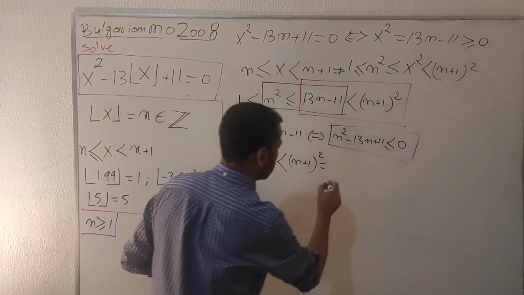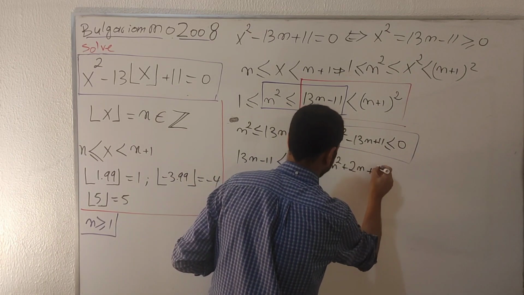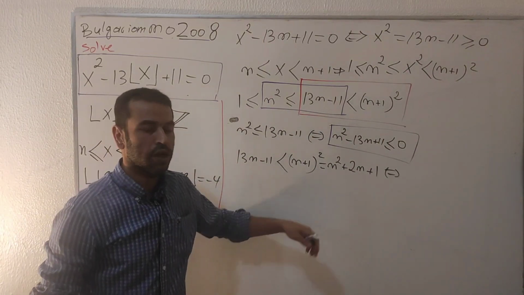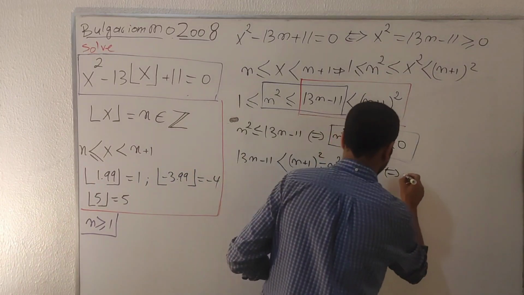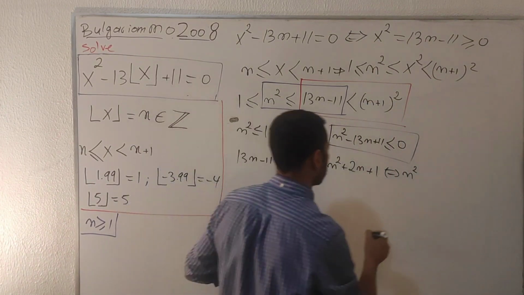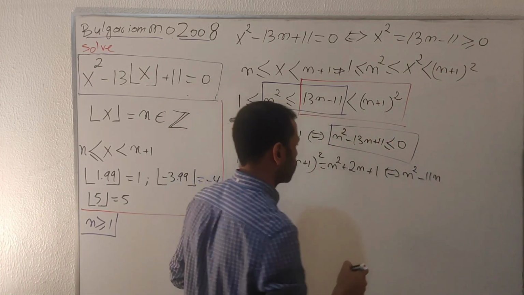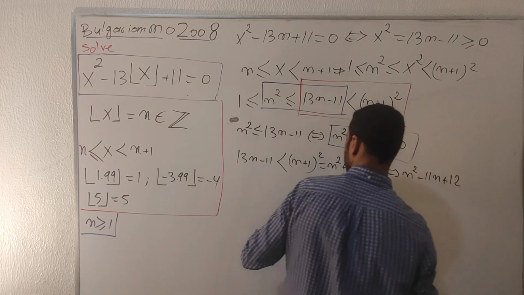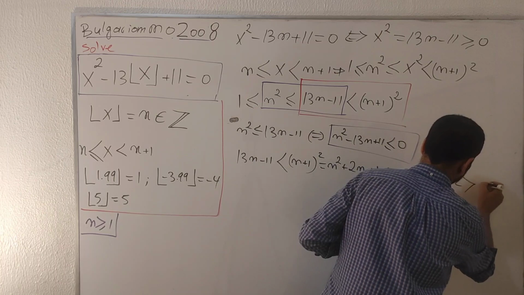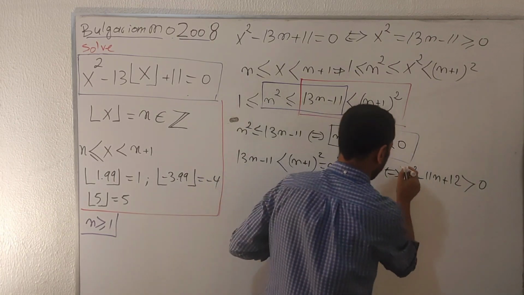Distributing this out, I get n squared plus 2n as the middle term plus 1 as the last term. Moving all these terms to the right, I get n squared plus 2n minus 13n, which is minus 11n, plus 11 plus 1, which is 12, and this is going to be strictly greater than 0. Let's put this one as the red inequality.